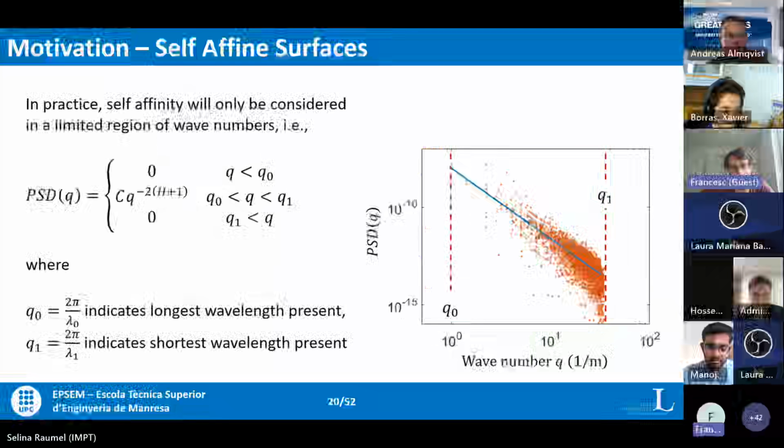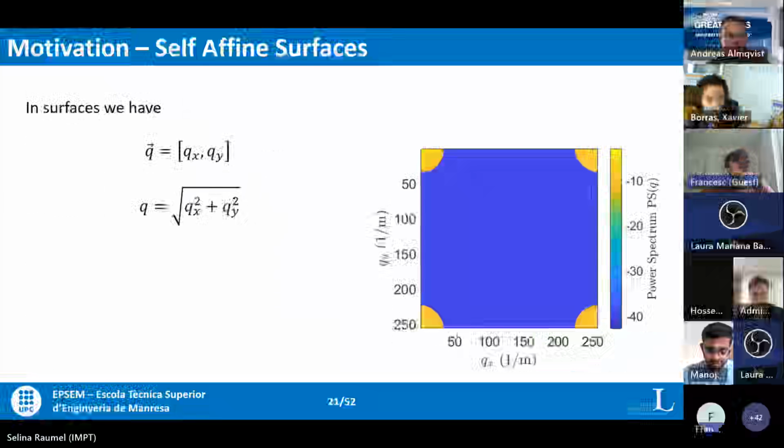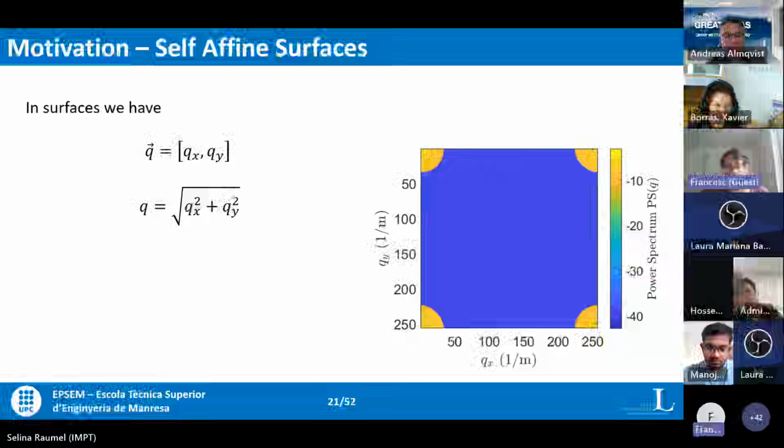So you see this yellow part here is the part where the power spectrum follows this power law, and then this blue part is where it has been set to 0. So for example, this, say, around 30 is the highest wave number present, and all the rest is basically zeros. Of course, numerically, it's not really 0, just a very small number, but still, it's important to consider that.